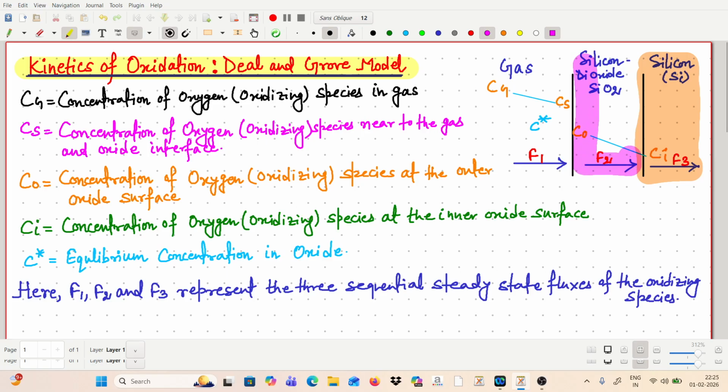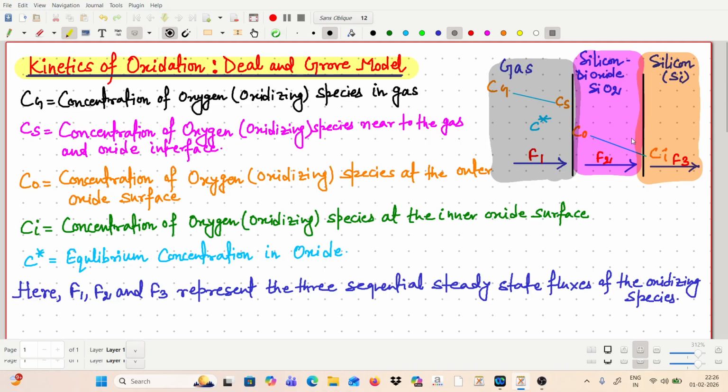We will discuss what F2, F1, everything is. This one is our silicon oxide, and this side is our gas, sometimes we call it bulk.